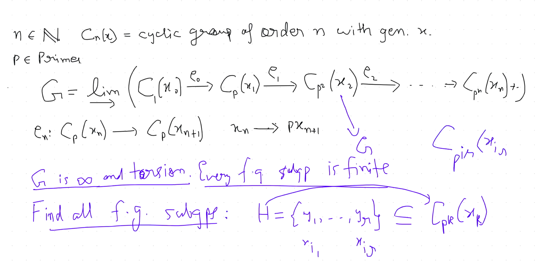But it's not canonically one of these. H is not one of these in a natural sense, but it is isomorphic to one of these. It will be a subgroup of order p to the power r, so H is going to be some C_{p^r}. That's all we can say.